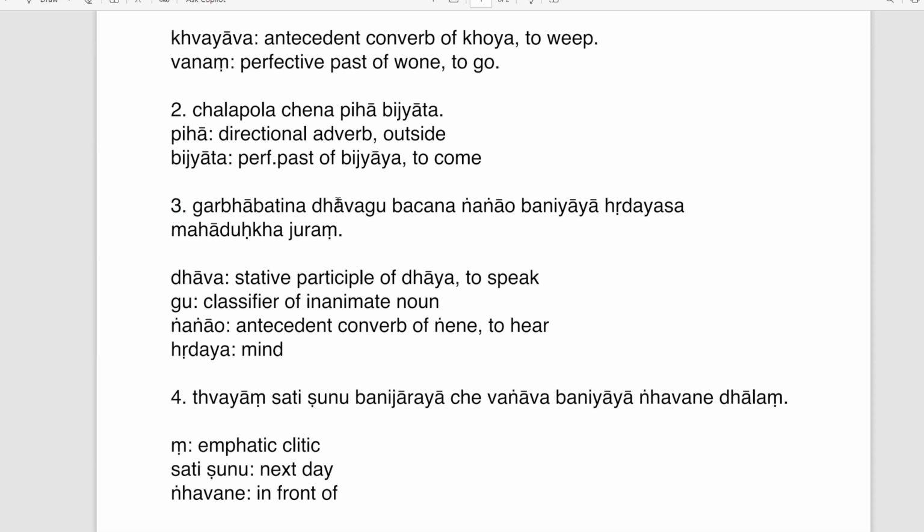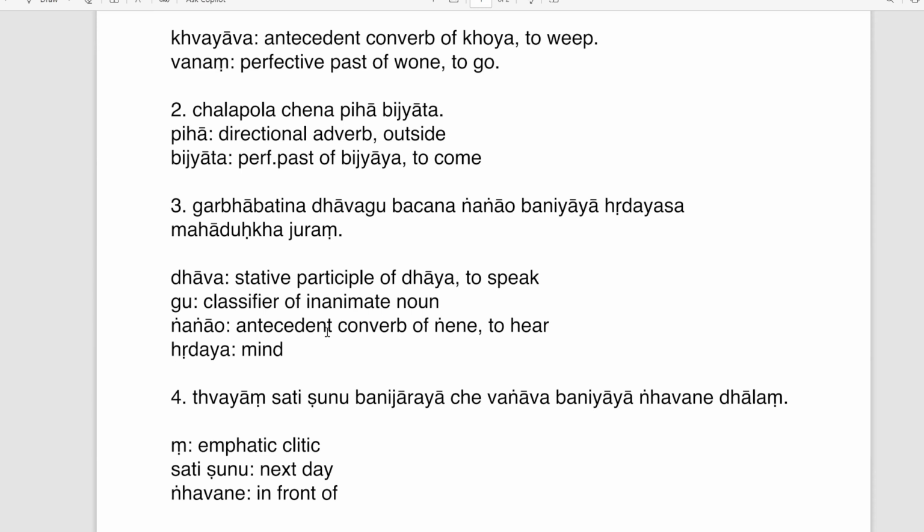Dhavagu, yeah, which is speaking. And who spoke that speech? Garbhatina. So after someone heard the speech spoken by Garbhatina. Garbhavati, no is the case ending. Okay, now I see why it's feminine. And then Baniyaya is merchants.